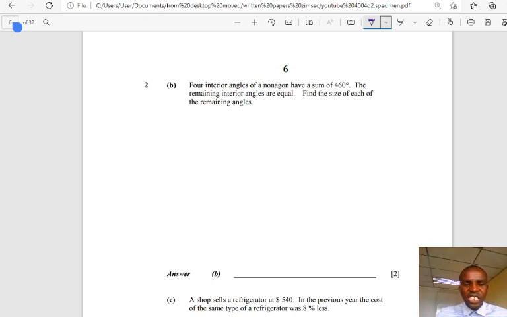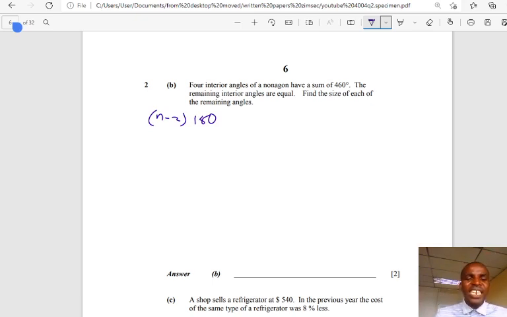First thing first, what you have to know is the sum of interior angles of any polygon. Use n minus 2 times 180, where n is the number of sides or the number of angles. Sides and angles are always the same. So in this case, it's a nonagon.